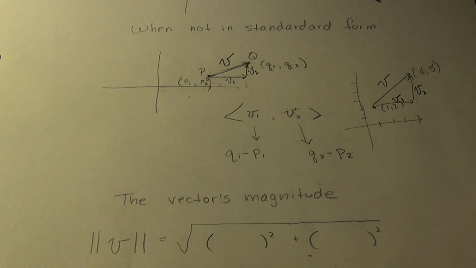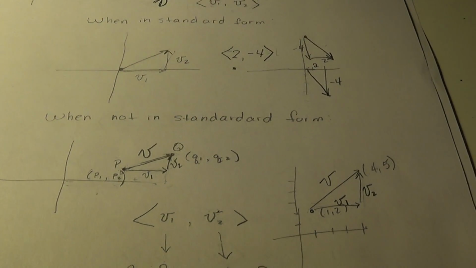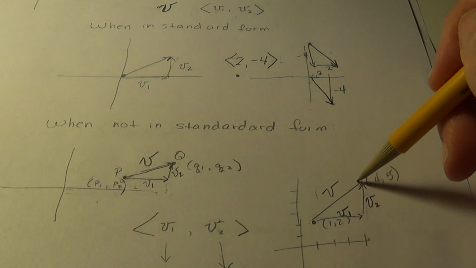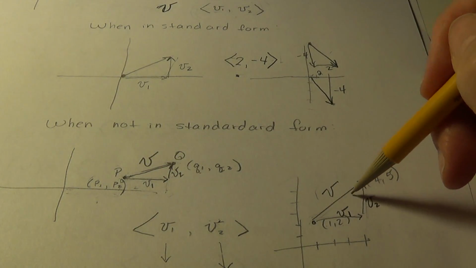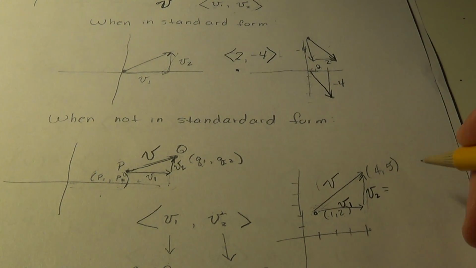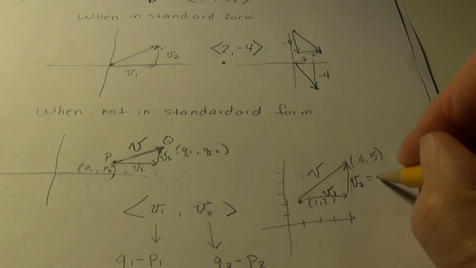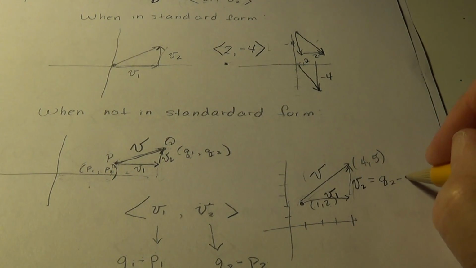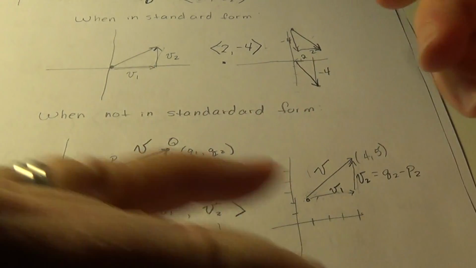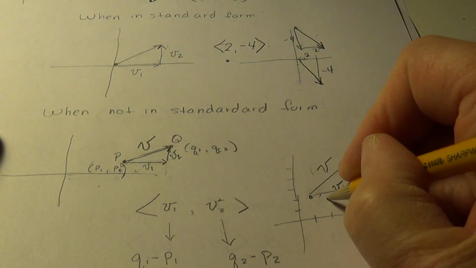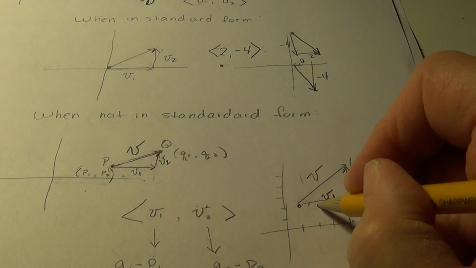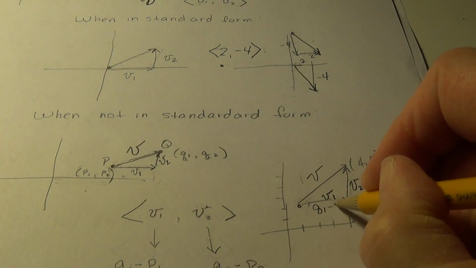So, to finish our discussion on this, I also need to know how to find this length right here. So I found that this side, V2, was Q2 minus P2, and this length here, V1, is going to be Q1 minus P1.